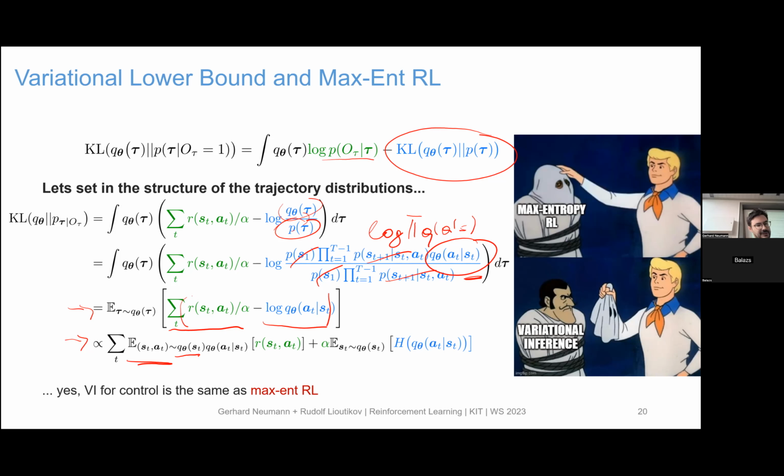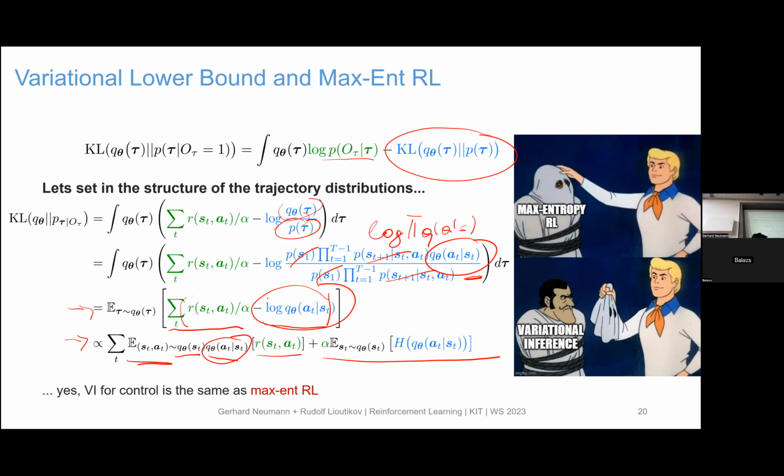And the state distribution follows from the policy. Then we see, okay, we want a policy that maximizes the reward, but at the same time maximizes the entropy, because we have Q log Q from this part here to get the entropy.